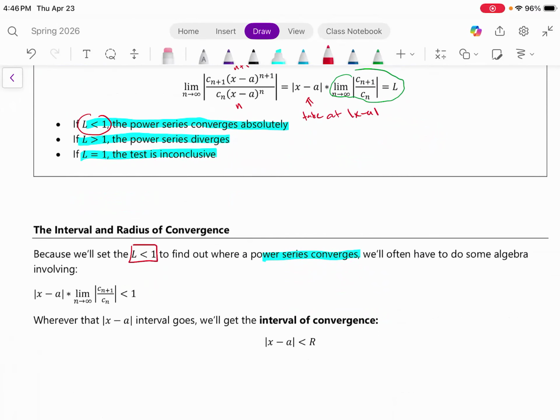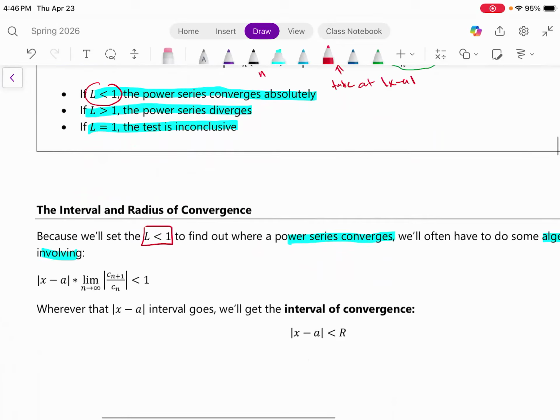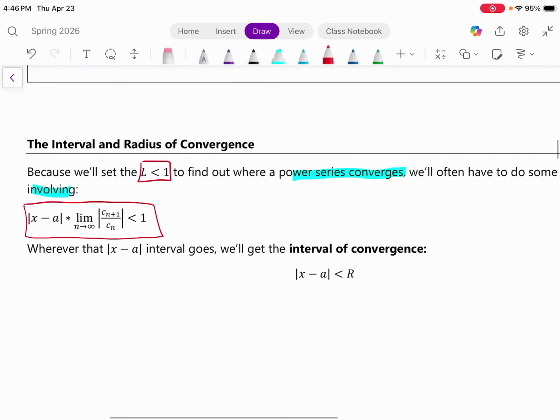We'll have to do some algebra, move a couple of things over, and deal with some inequalities. Essentially we're just setting this ratio test setup less than 1. And wherever that absolute value of x minus a interval goes, that's what gives us the interval of convergence.